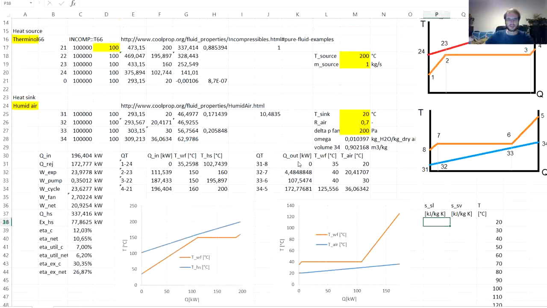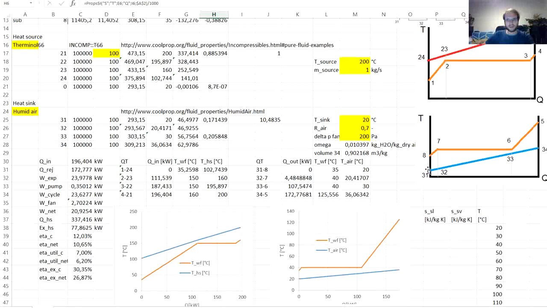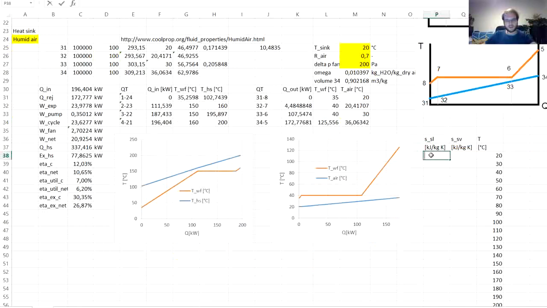Now the entropy of the saturated liquid, so I will just borrow the function from here, where we want the entropy based on the temperature, for which we will use the cell over here, and the quality, which for saturated liquid is 0, and for our working fluid. And of course the temperature has to be plus 273.15 to have the basic SI units.